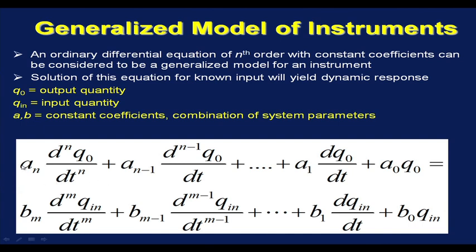And this is an equation where on the left we have an nth order ODE in output Q0 and mth order ODE in input Qin. So, this can be taken as a very general model for any instrument.